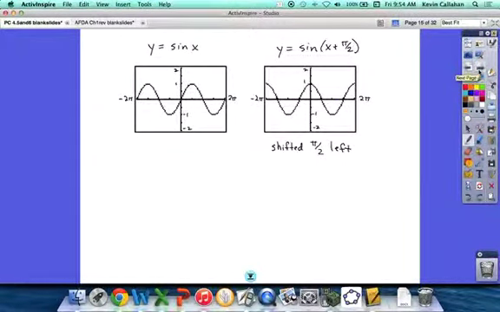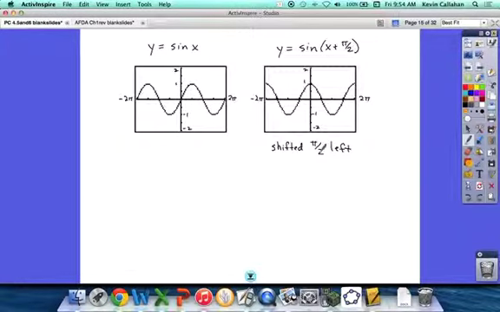So now let's compare these two graphs. Sine x and sine of x plus pi over 2. What's the shift usually when you add inside the function? Does plus mean left or right? It usually means left, right?